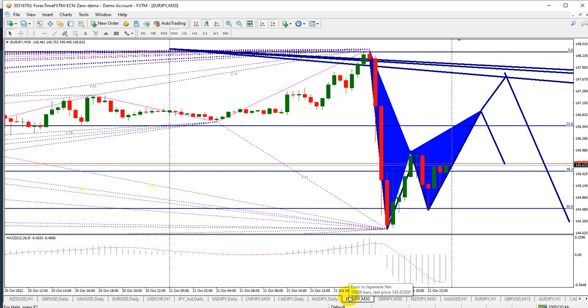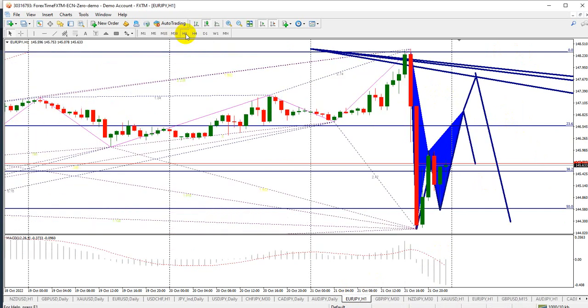And then I also did Euro JPY, and Euro JPY is giving us a nice setup for a sell. So on lower time frames, M30 and H1, it is giving us a nice setup to sell Euro JPY.